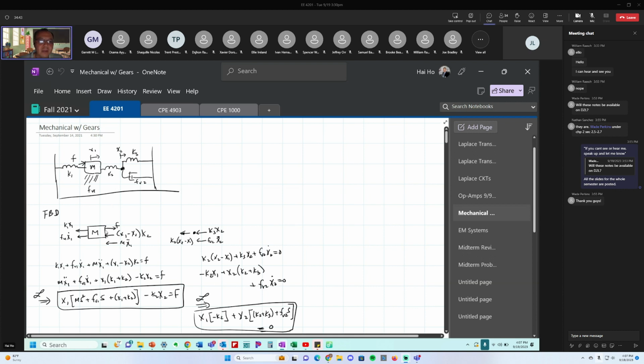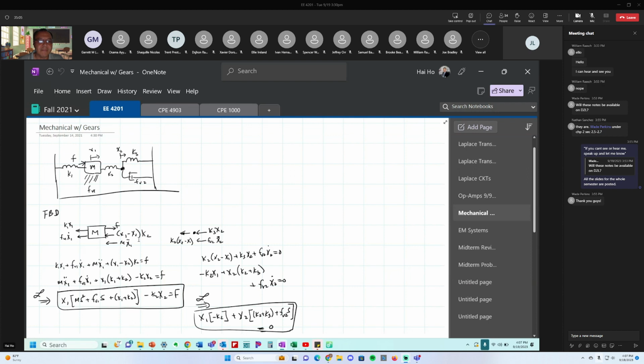So therefore, the force acting on this mass by K2 is going to be x1 minus x2 times K2, and the direction is toward the left. Okay, this is going to require kind of thinking through this in your head a couple of times to see the logic behind it.